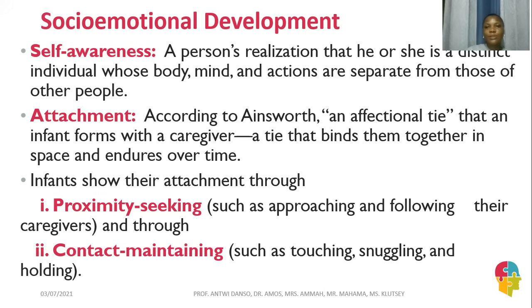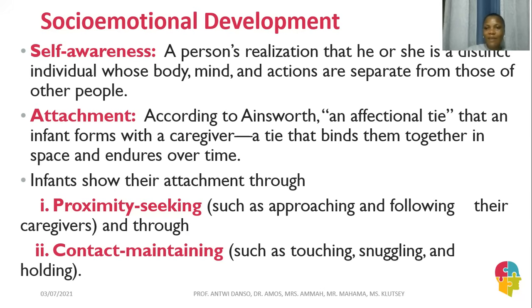In infancy, children develop what we call attachment. Attachment is an affectionate tie, a bond, a connection that a child or an infant forms with the caregiver. Remember, this caregiver can be the mother, the father, anybody that is close and provides the basic primary needs of the child.